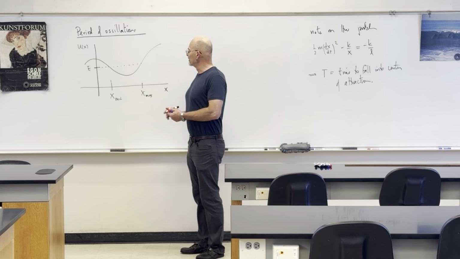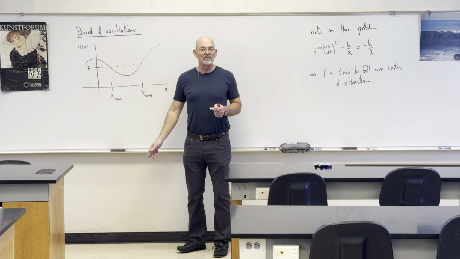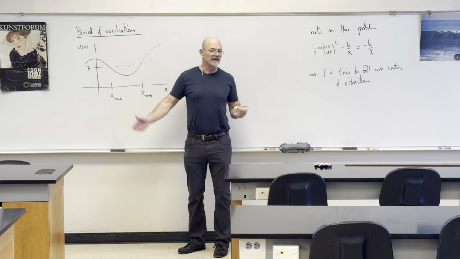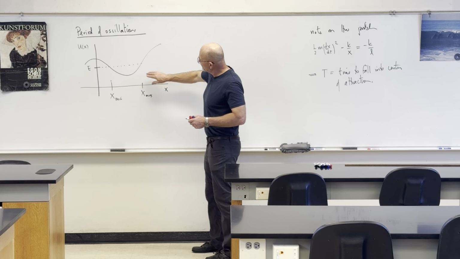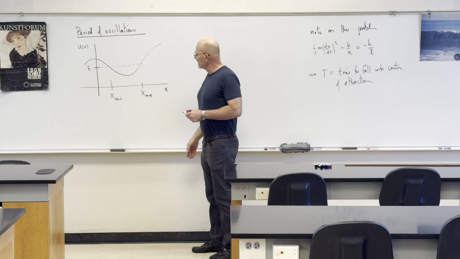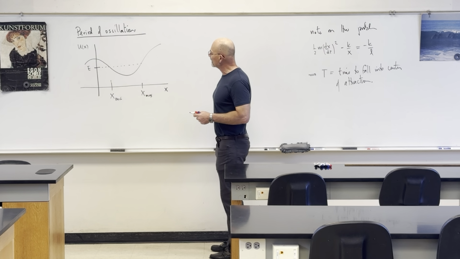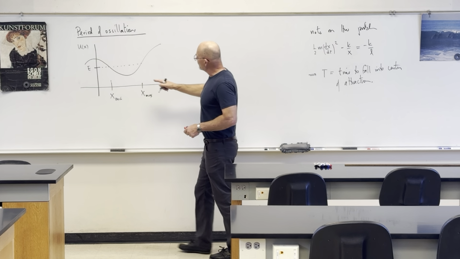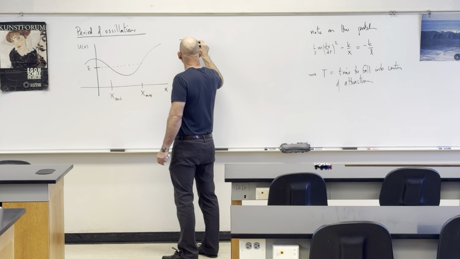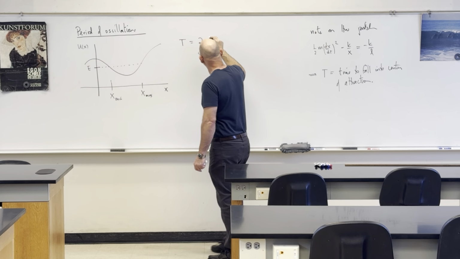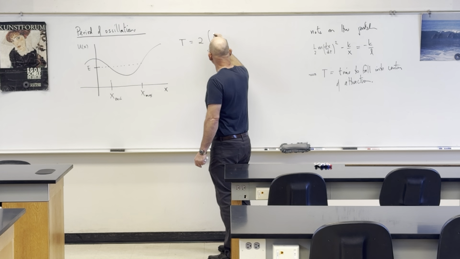You can justifiably just imagine a ball rolling back and forth in a bowl of that shape. That gives you roughly what's going on, right? It's oscillating back and forth. I deliberately made a non-symmetric potential well right here. And the period of oscillations is that 2 integral from x min to x max.